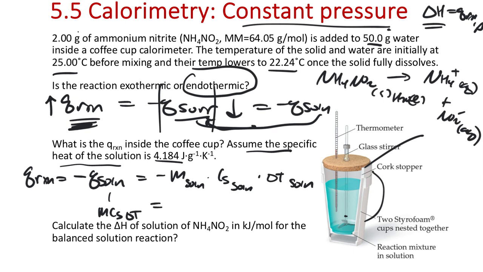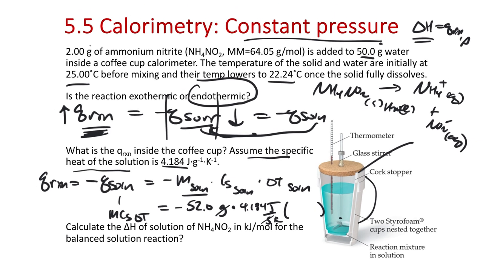And then what goes in here is the mass of the solution. What's the solution mass? It's the entire 52 grams. The solution is the compound and the water, so I have negative 52.0 grams, times the specific heat, 4.184 joules per gram Kelvin, and then the delta T, which is the final minus the initial.